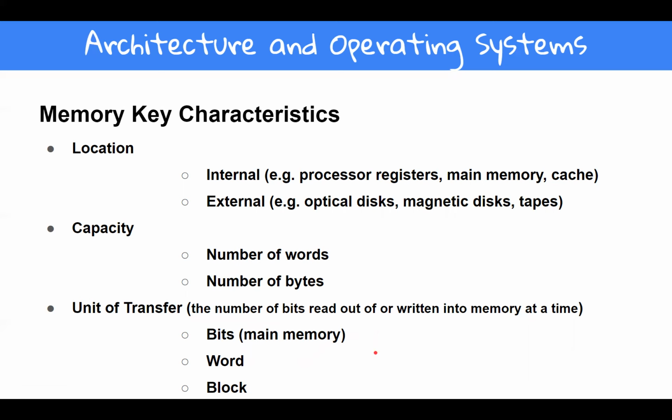A block is a number of words put together as a chunk of data, and we transfer that. Sometimes it's easier to send a block of data instead of sending words one by one, which we will discuss in a few minutes. So these are the different types of unit of transfer.